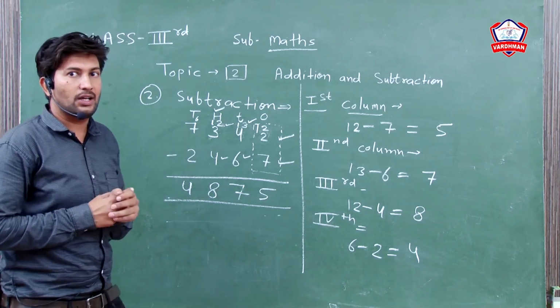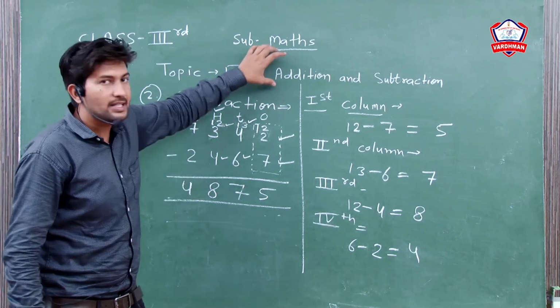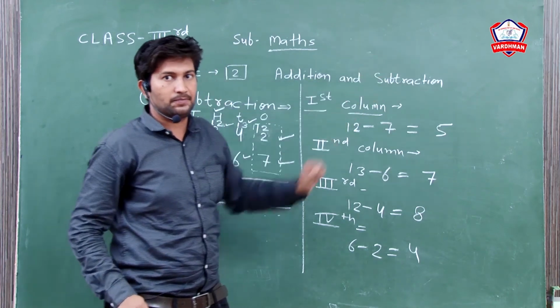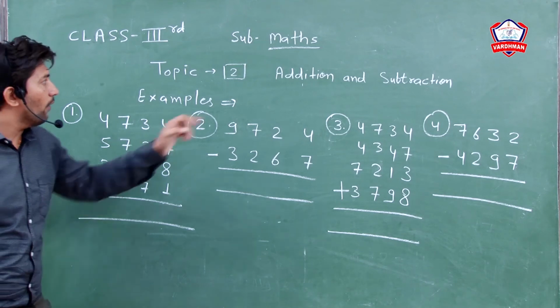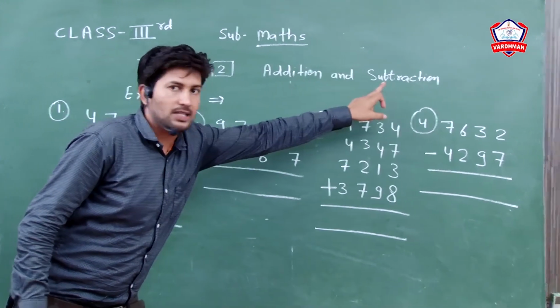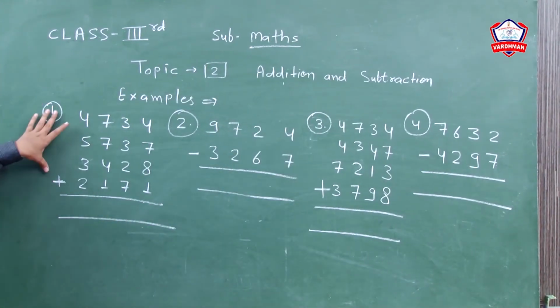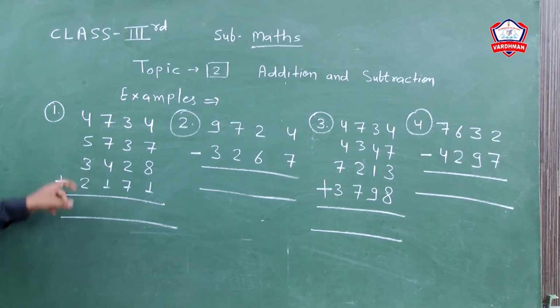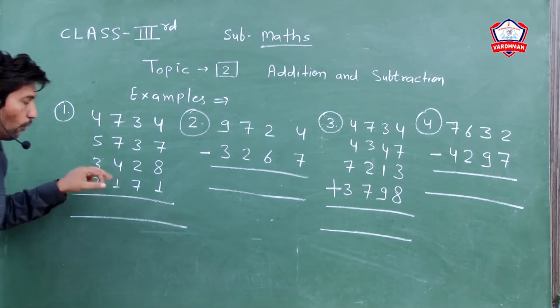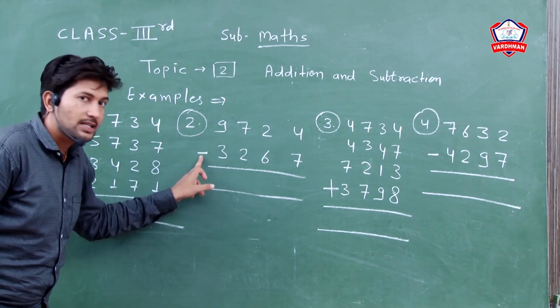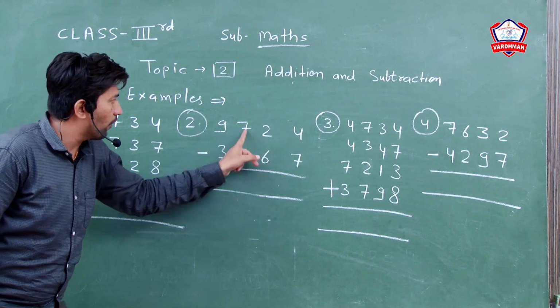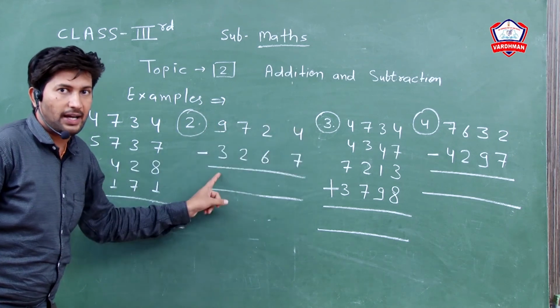Okay. Next we will give you some examples of addition and subtraction. Now you have examples of addition and subtraction. First example is there, fourth column and fourth row. Okay, you can also solve it yourself. Now the second is a subtraction example, fourth column and second row.